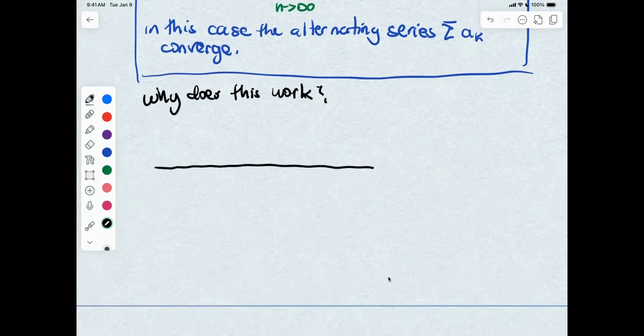This is kind of like the tower that I drew last time. Imagine that the first coefficient is positive. Then the second coefficient has to be negative, because the sign switches, and it also has to be slightly smaller. Then the third coefficient is positive again, and it has to be smaller than the previous two.